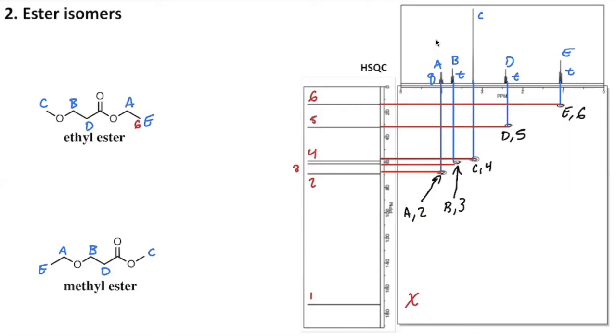D was carbon 5 here. C was carbon number 4. B was carbon number 3. A was carbon number 2. And our carbonyl carbon was number 1.